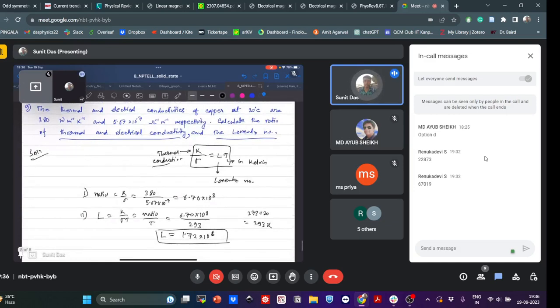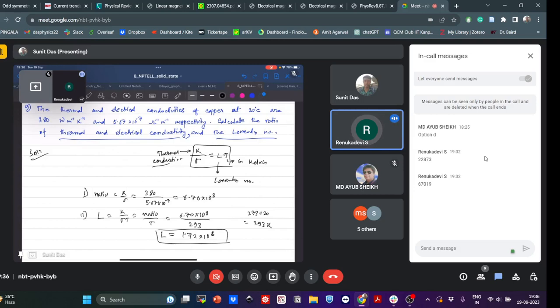I think the answer will be 2.286, 6.70 into 10 to the power of 8 dividing 293, sir. This will be the Lorentz number, right? Yes, sir, that means the answer will be 2.286. Approximately 2 point something like that. But there is 10 to the power 8, right?